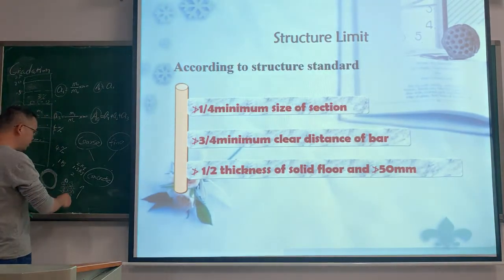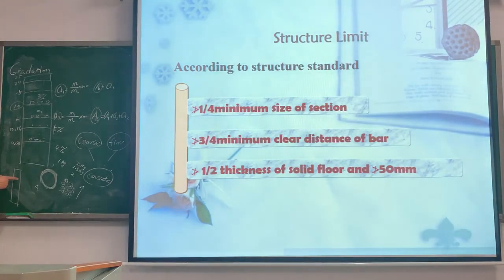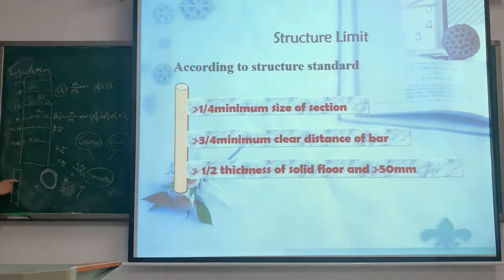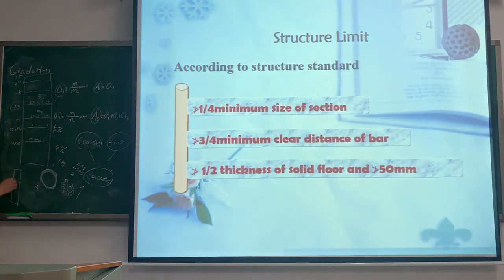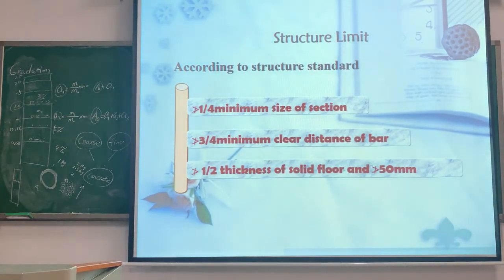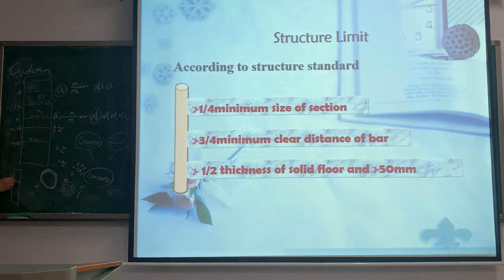If this is the structure, maybe this is the section. We can divide them into 4 parts, and the maximum size of the coarse aggregate is smaller than this.